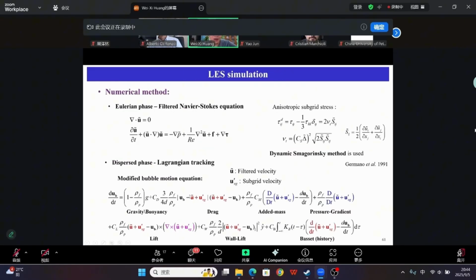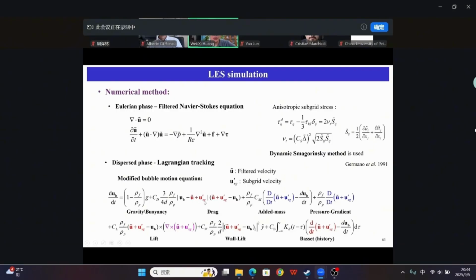For the resolved velocity, we also need to consider the SGS model, the subgrid model, to correct the resolved velocity and improve the bubble prediction for these different terms.